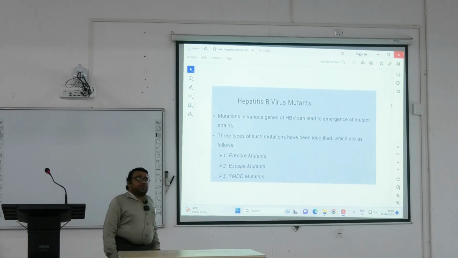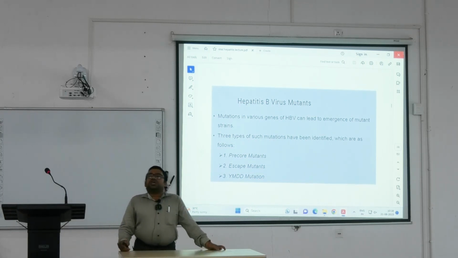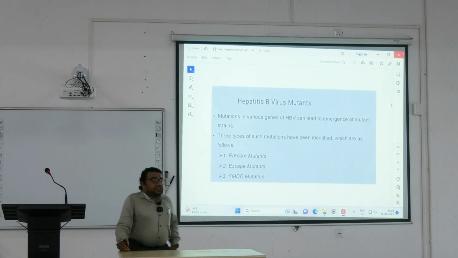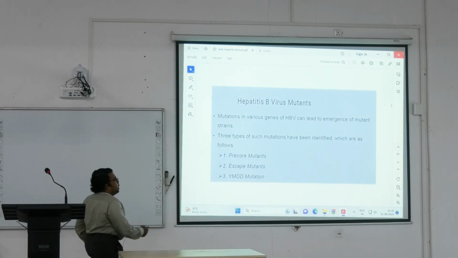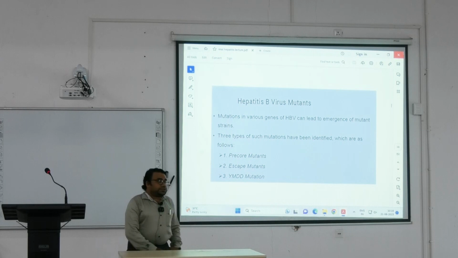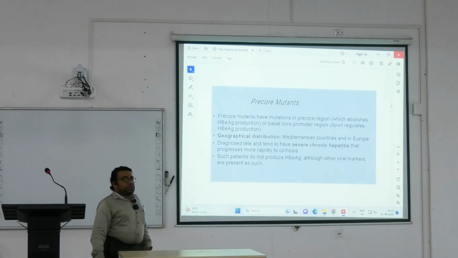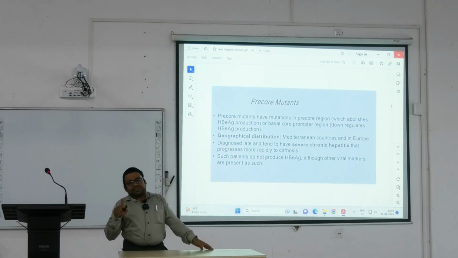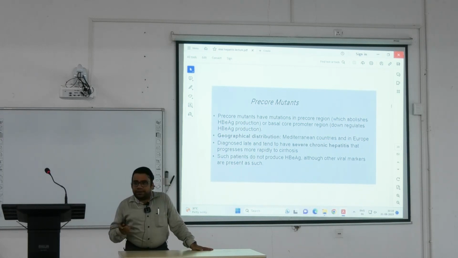Why is this essential? Because there are mutations, and some mutants of this virus are very difficult to diagnose. These mutants are important. The 3 more common mutations are: number 1, the pre-core mutants, the escape mutants, and YMDD mutations. Now, what is the pre-core mutant? If you recall, the C gene had a pre-C and the C gene, right?